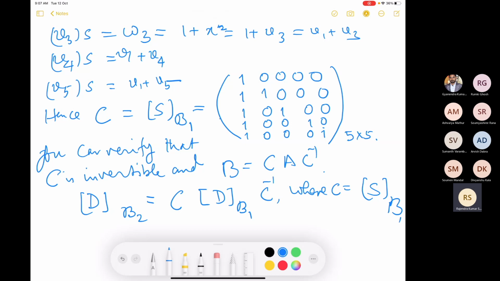So you will have plenty of examples. This is already the time, so we shall wind up here, and tomorrow we shall take up a few more examples for the change of basis.